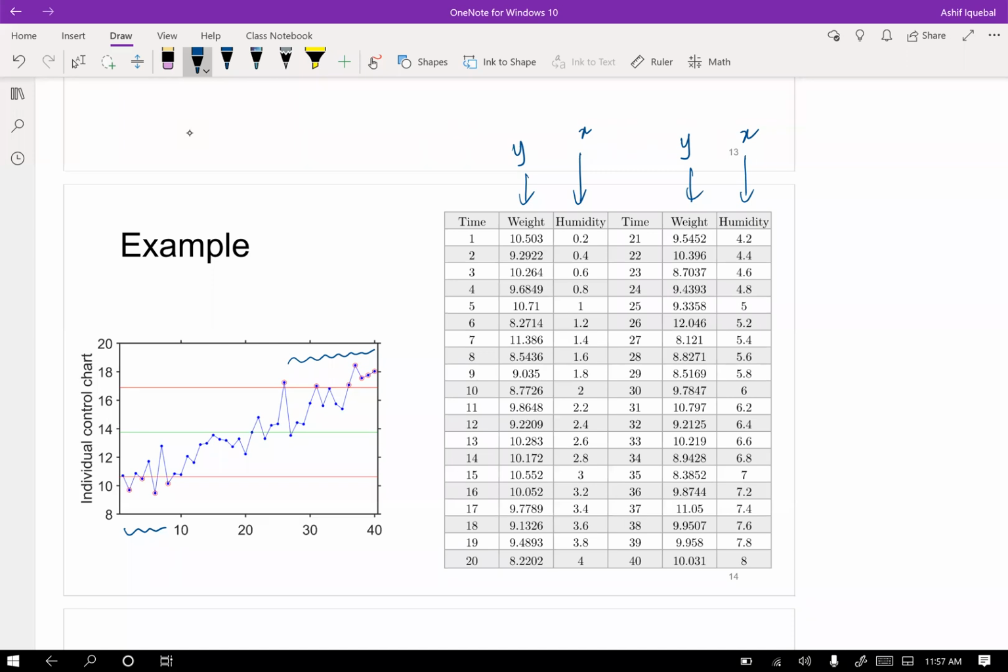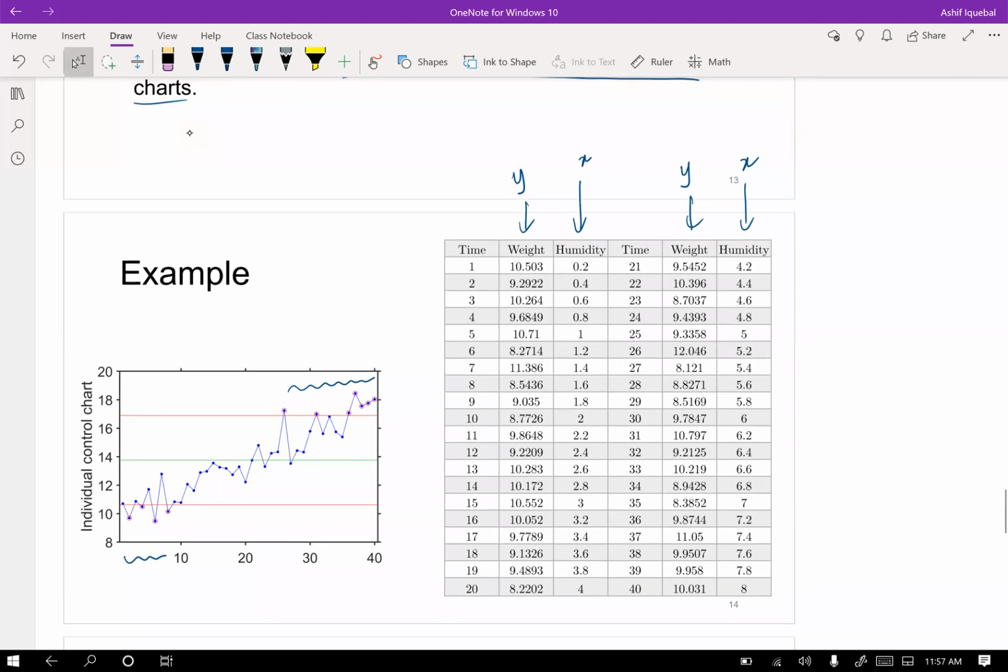To do this, first we have to do regression. We will try to develop a model between Y and X. There's just one variable, so I can write down our linear regression model, Y equals beta 0 plus beta 1 X plus epsilon.